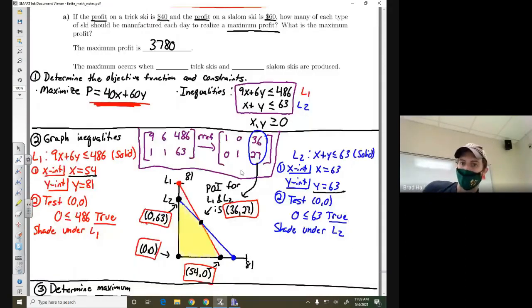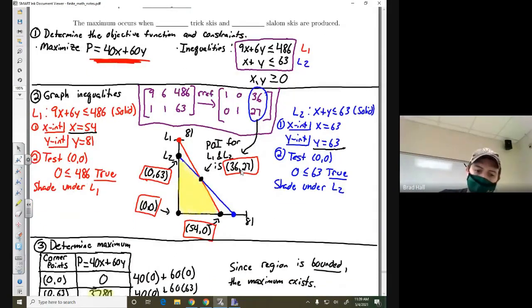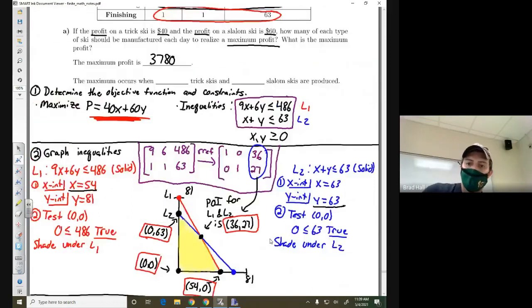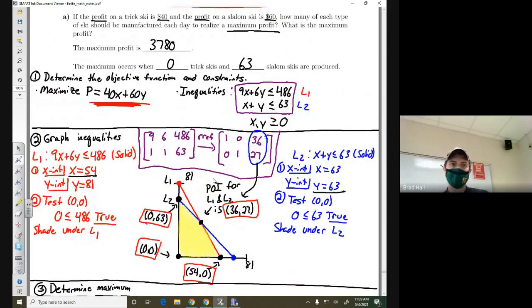That is the maximum. And the maximum occurs when, this is just a fancy way of them asking for the ordered pair, 0, 63 is the corresponding ordered pair. So 0, 63. In order.